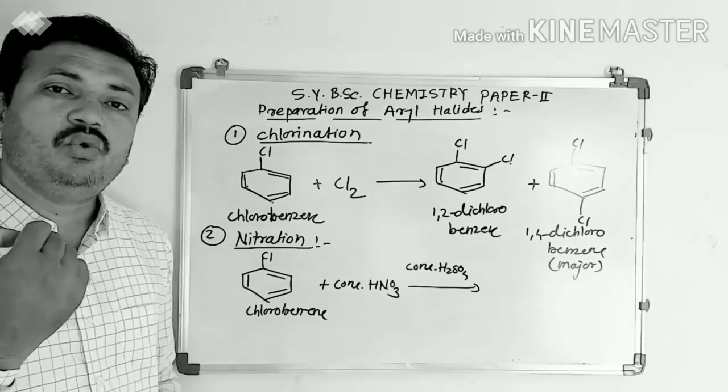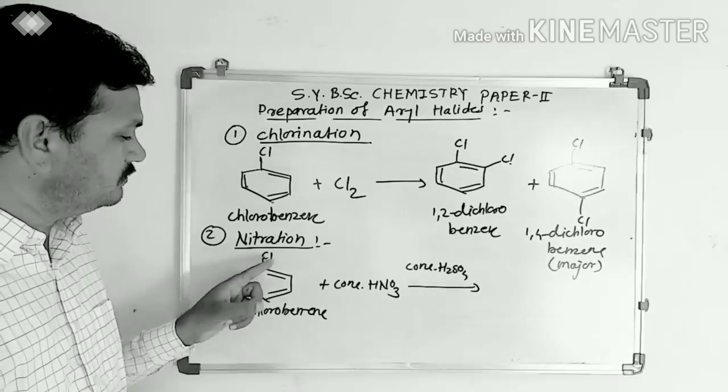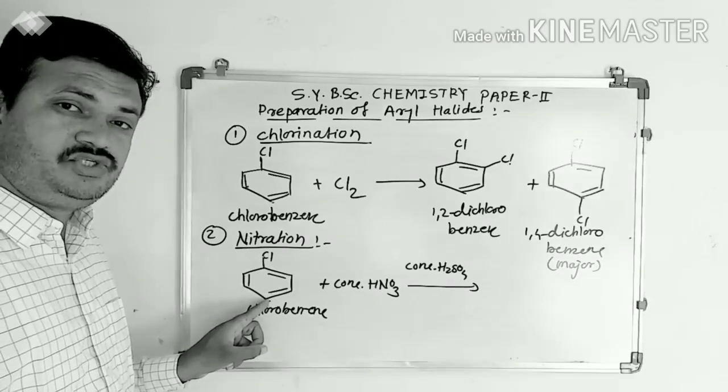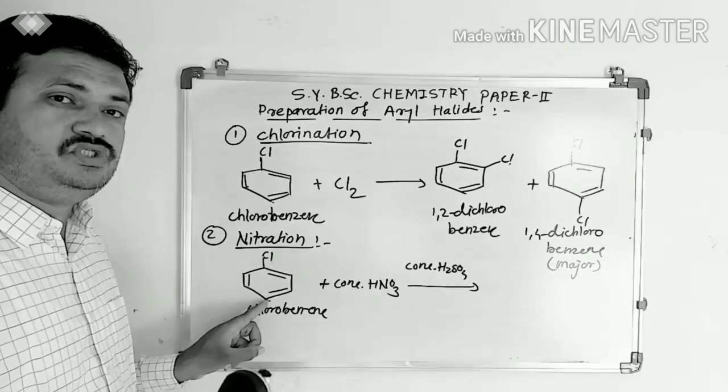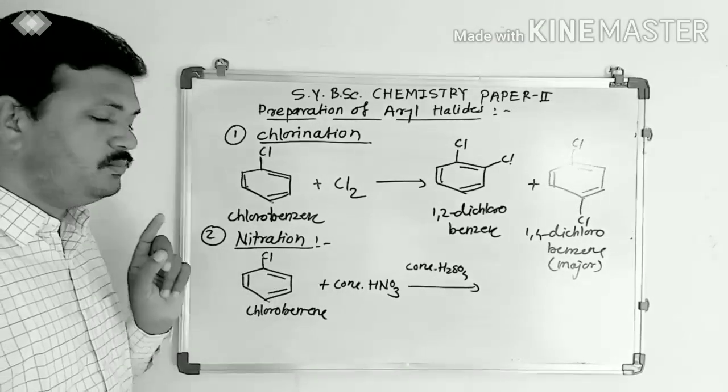They show electron donating resonance effect, and respective to this halogen atom, these ortho and para positions are electron rich. Therefore, electrophilic substitution reactions mostly take place at the ortho and para position.